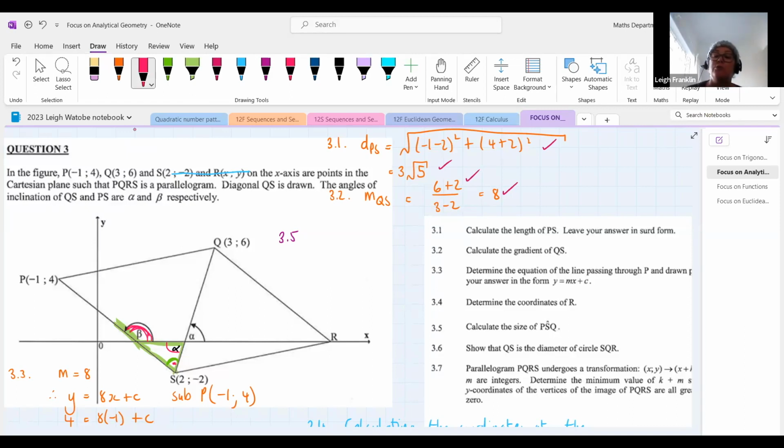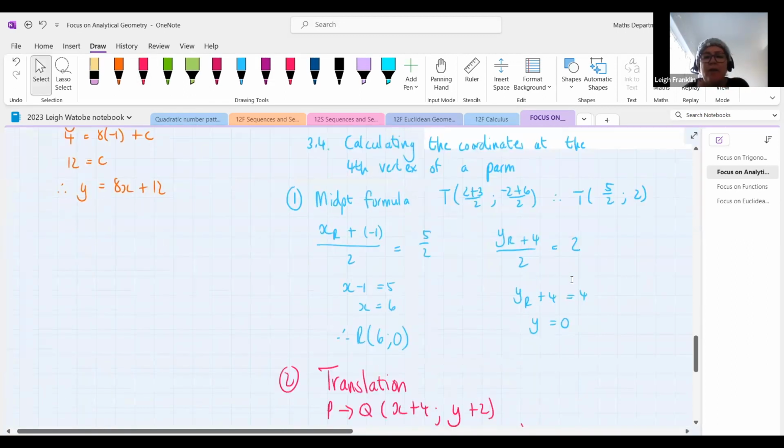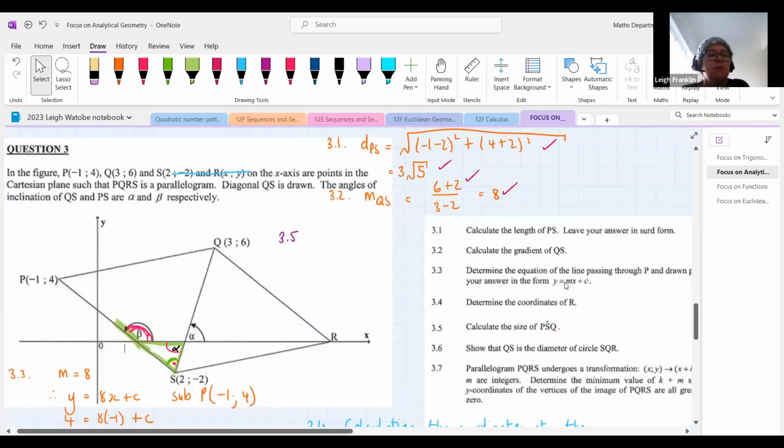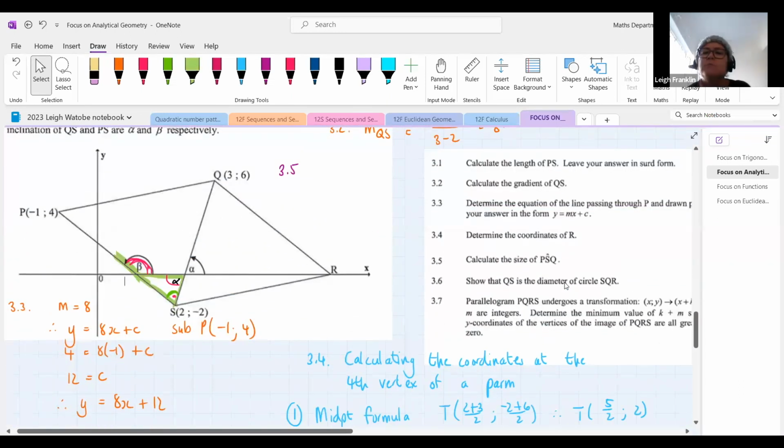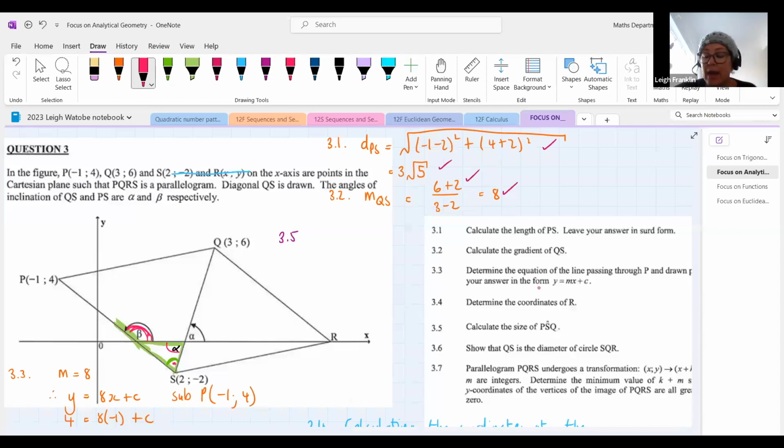Do we have beta? No, we've got PS, gradient. Okay, we don't, but that's fine. We can calculate it.